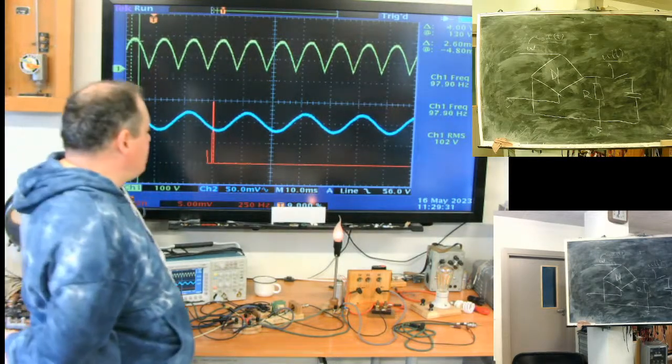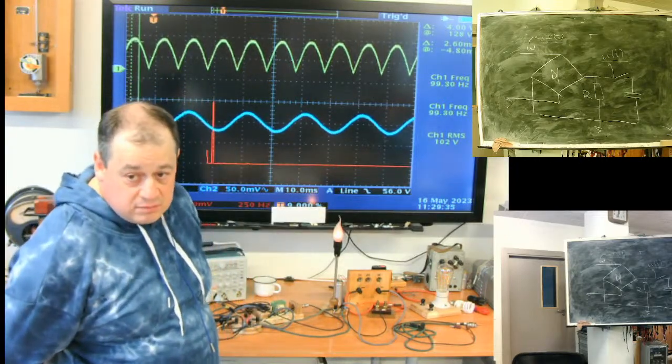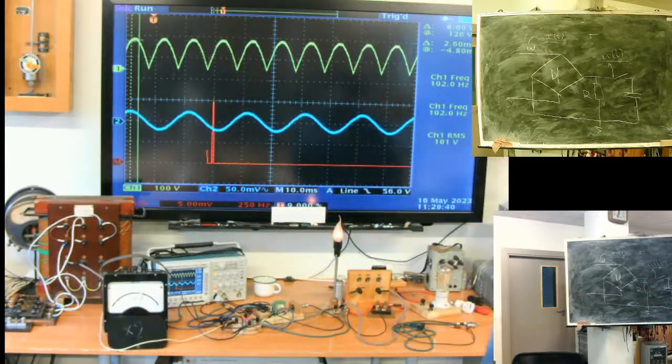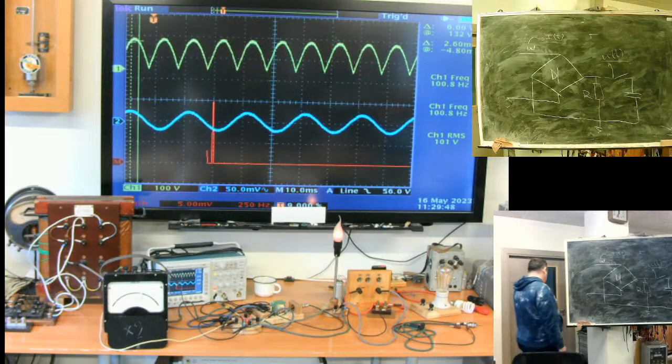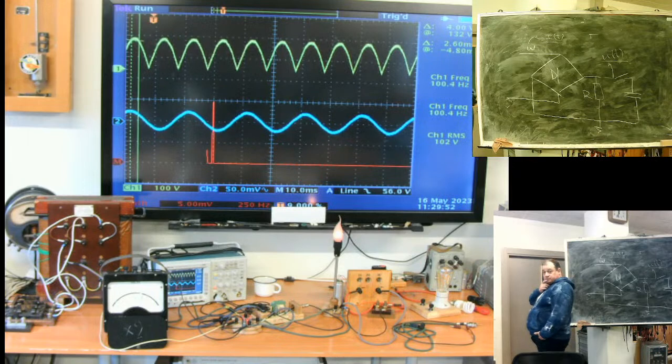Current from the primary side is a sine. Yeah? And voltage on the load is an absolute value of sine. Yeah? Nice? What does your Facebook say, is it okay with power electronics?